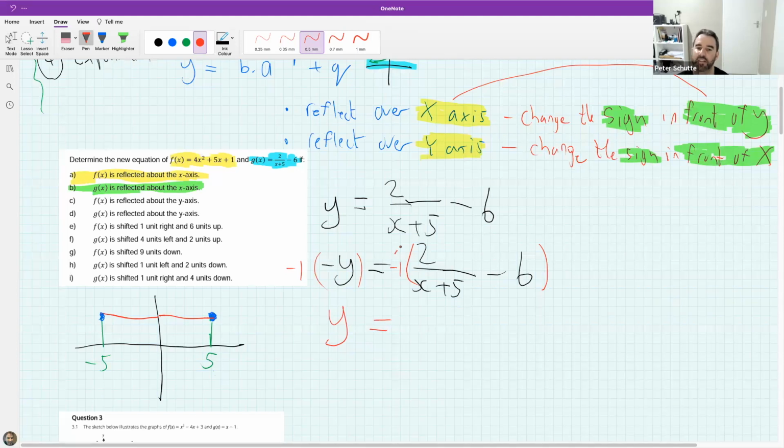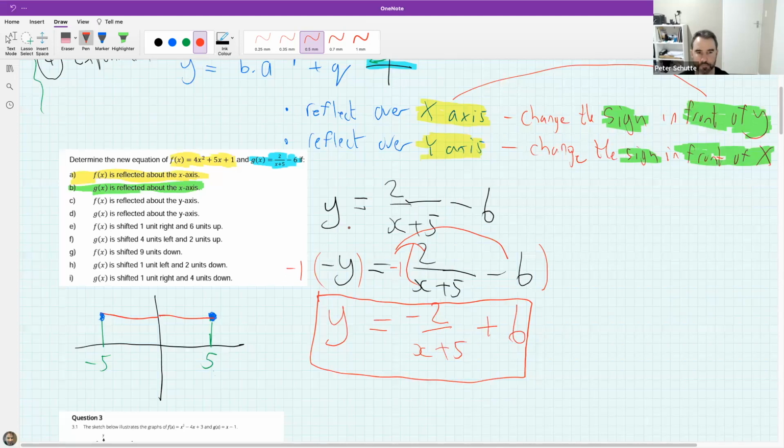And they would forget to multiply this minus 1 by both of these. And so you should get minus 2 over x plus 5 and then plus 6. And I think a lot of students, so it's the sign change and the fact that the minus 1 needs to be applied to both. And so that would be the hyperbola reflected over the x-axis.